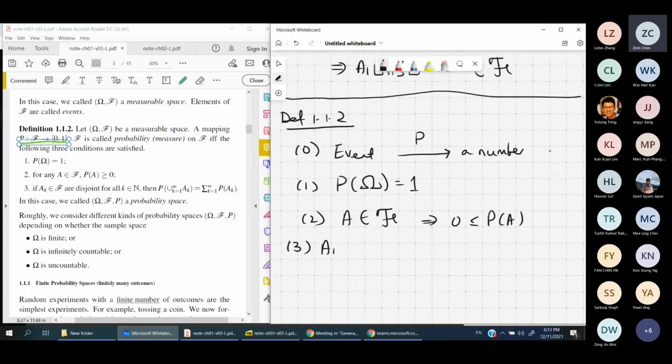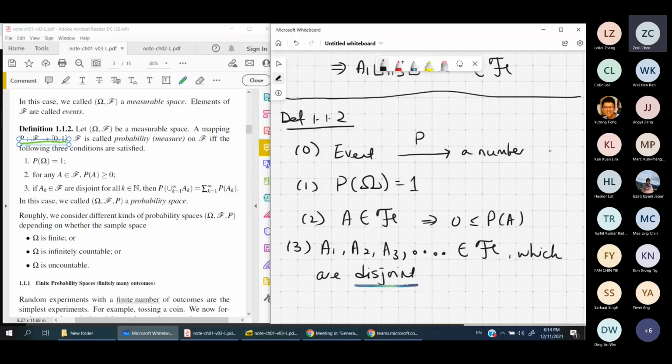Okay, number 3. Again, if we consider a sequence A1, A2, A3, a sequence of events which are disjoint, okay, so this is very important. We only consider disjoint events.